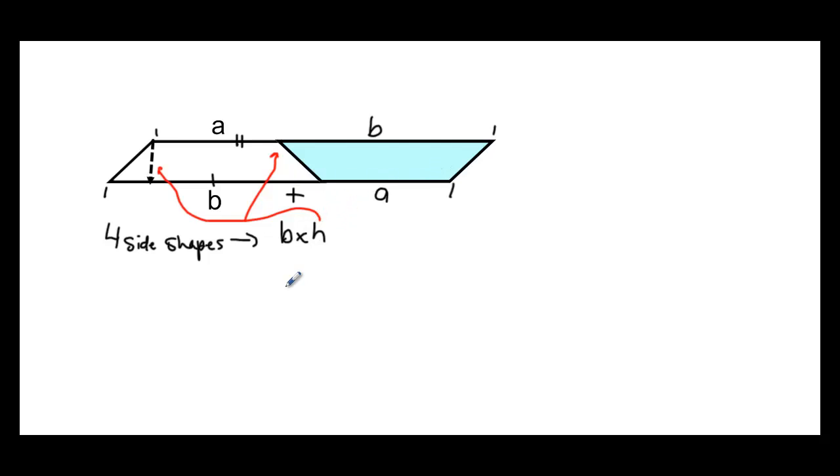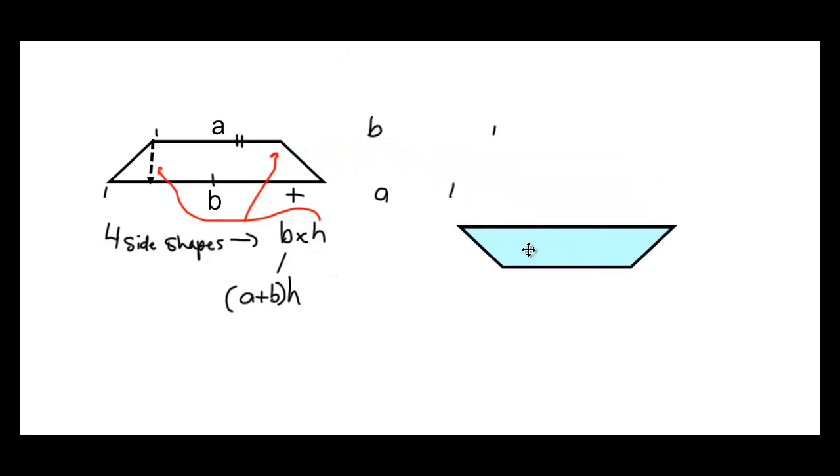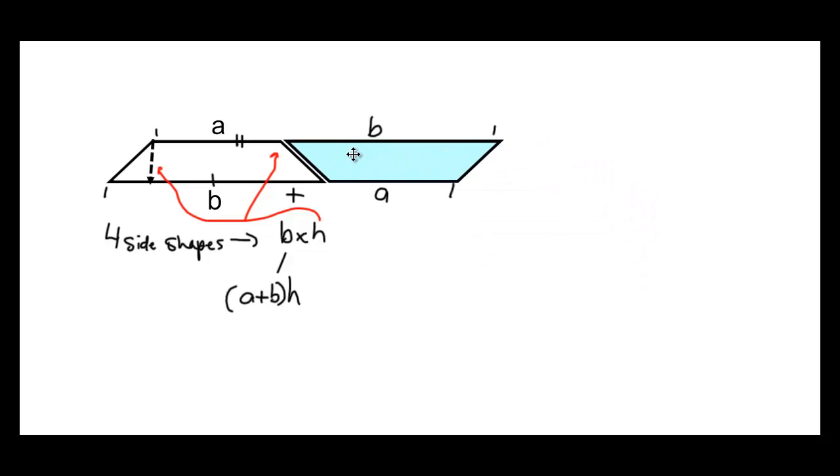Okay, so our base now becomes A plus B, to give us the full length of the parallelogram. And then we just simply multiply that by height. However, we only need half of the shape. So we get rid of 1/2.